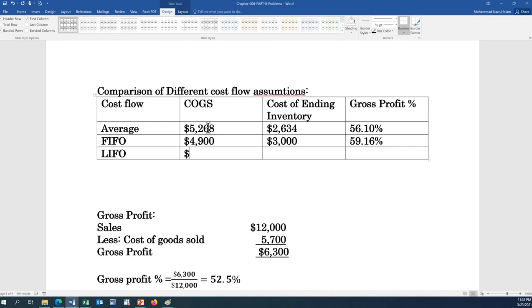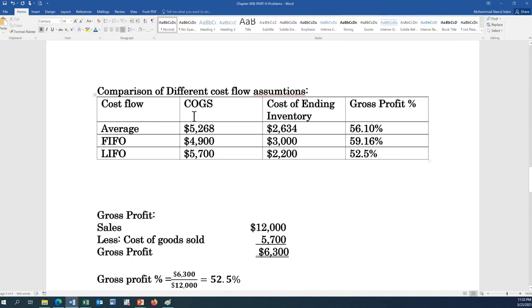And under last in first out, 5,700 cost of goods sold, cost of ending inventory was 2,200, and gross profit percentage was 52.5%.